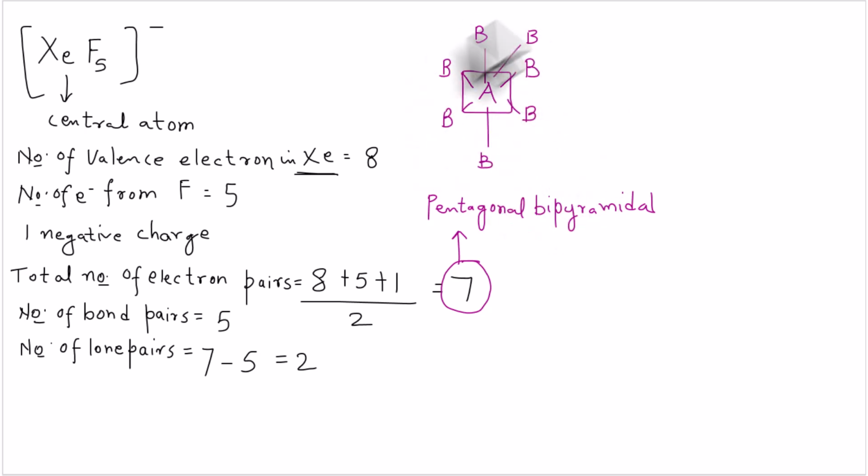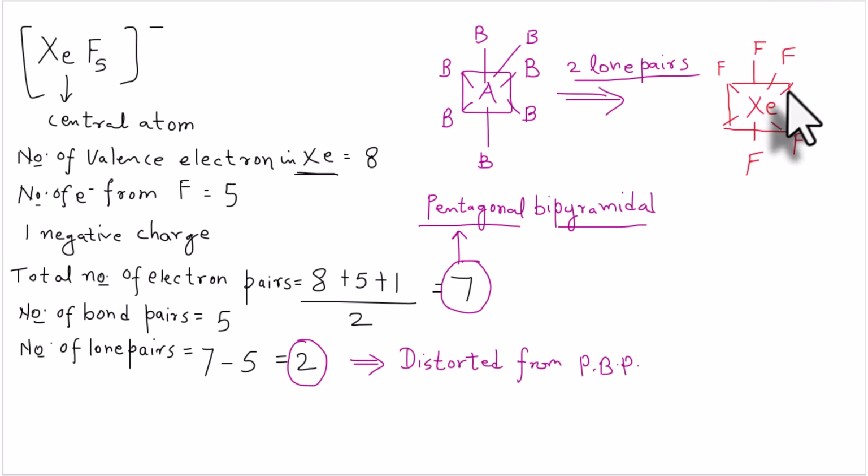So the basic structure is from octahedral and then an additional bonded atom, so that becomes the pentagonal bipyramidal. Now in this structure, if we have 2 lone pairs, then this structure gets distorted. So we have 5 fluorine atoms and then we have 2 lone pairs, something like this.